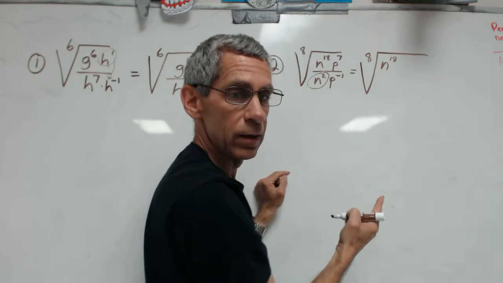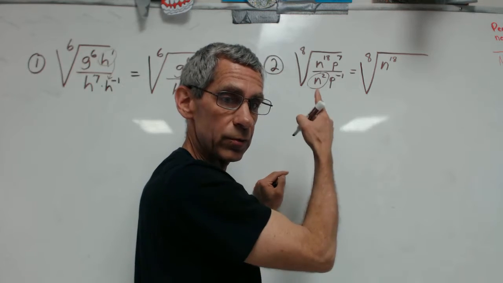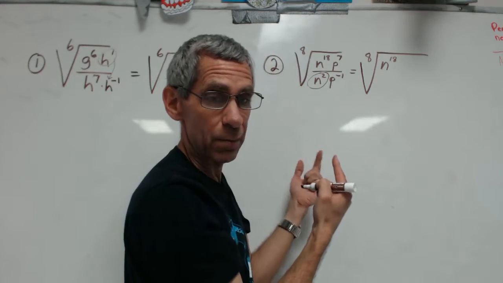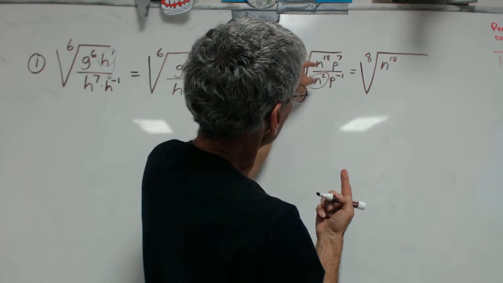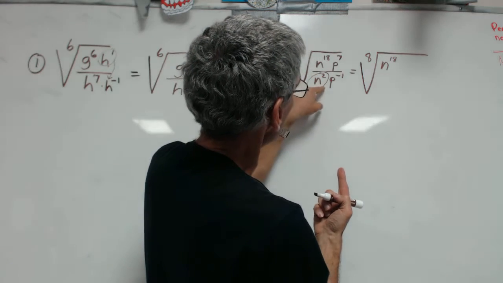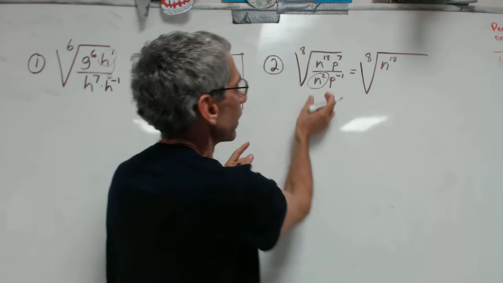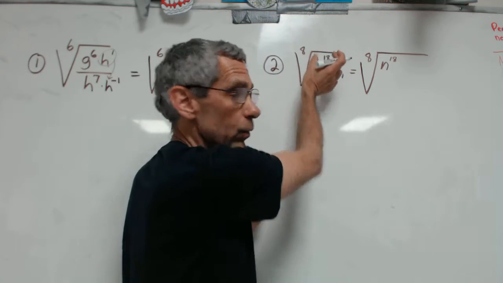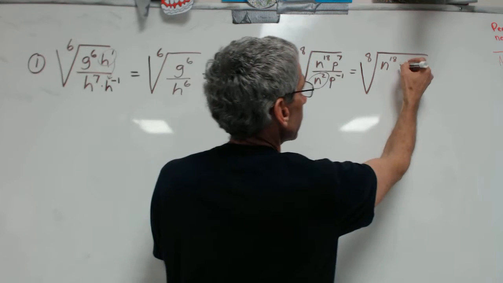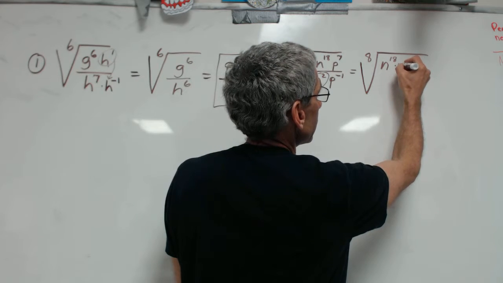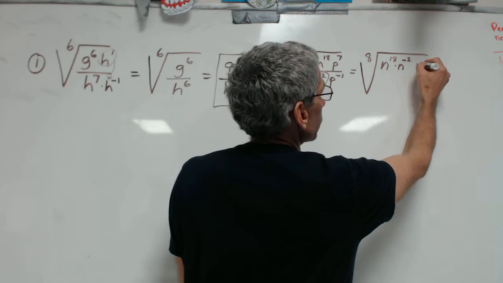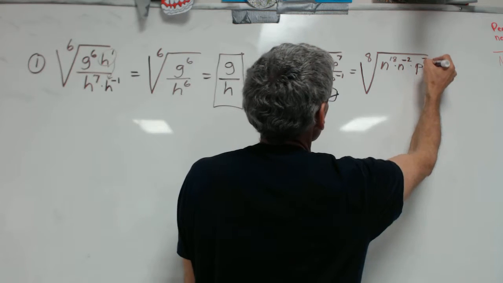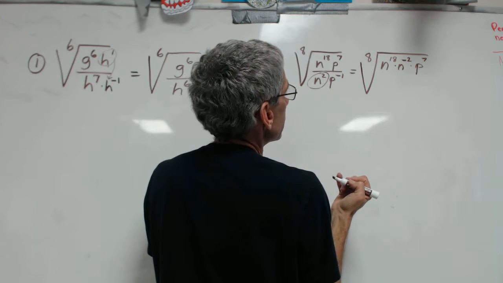I do not want that. I want them either both upstairs or both downstairs. Since I want them positive, I don't want to bring the n to the 18 downstairs, because then it would be n squared times n to the negative 18. I don't want to deal with that. I'm going to bring the smaller exponent across the fraction line. So it's n to the 18 times n to the negative 2, right? I still have the p to the 7, right?